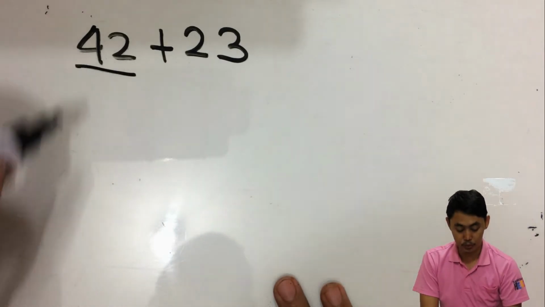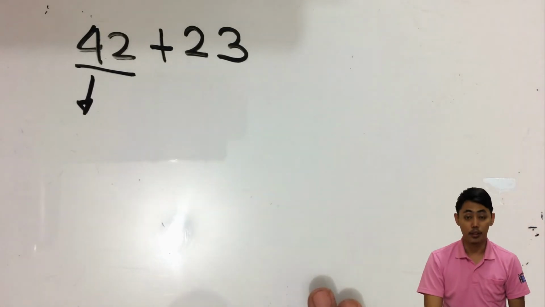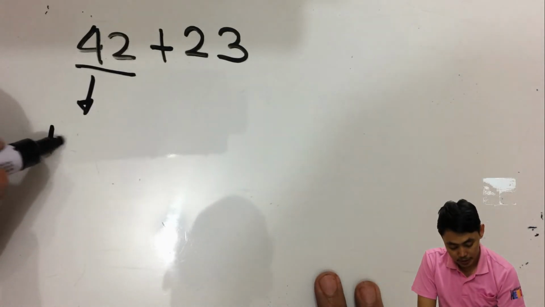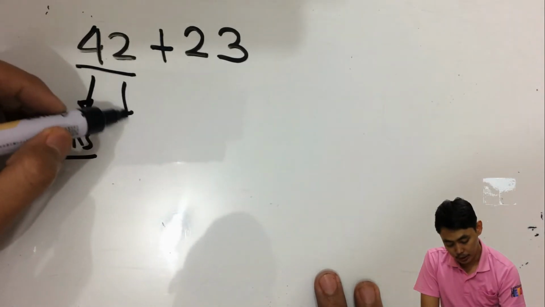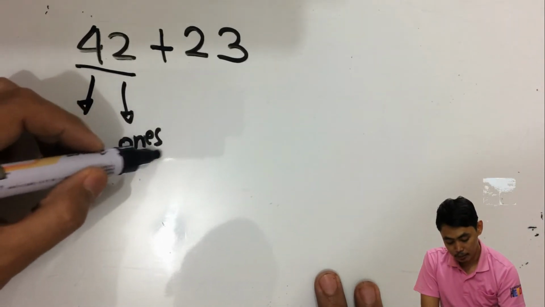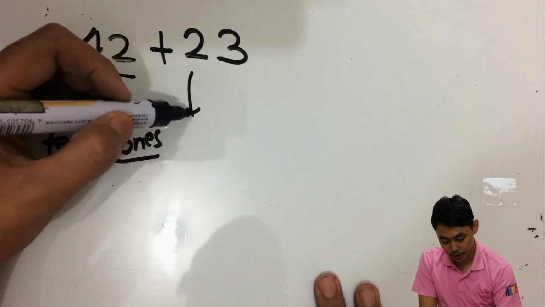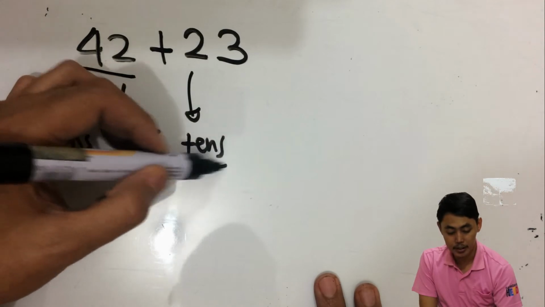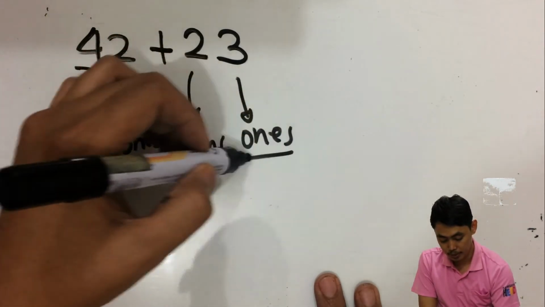For example, 42. What is the place value of 4? We'll answer, it is on the tens place. Easy. 2 is on the ones place. Alright, how about 23? 2 is on the tens place and 3 is on the ones place.